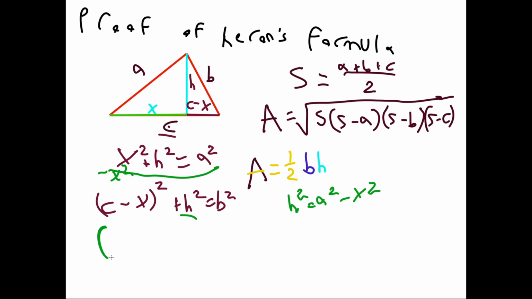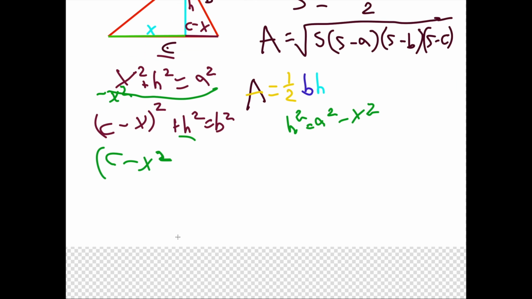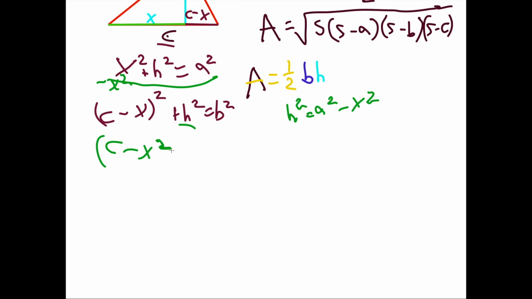Okay, so if we put that in, we get (c minus x) squared, plus h squared. But instead of writing h squared, we know that h squared is equal to a squared minus x squared, right?